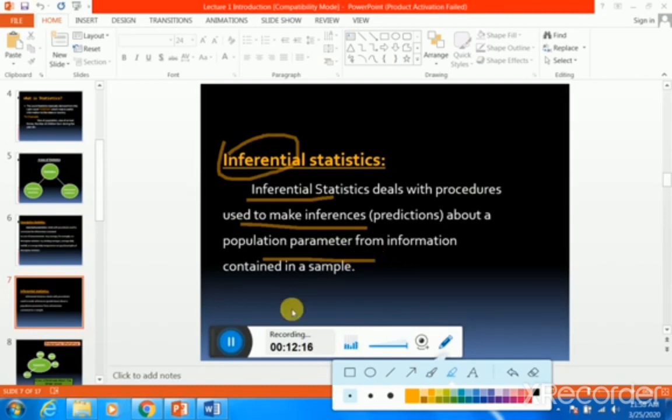Such statistics, where we study the sample data and generalize this result for the population or parameter data, is known as inferential statistics. Look at the next slide.